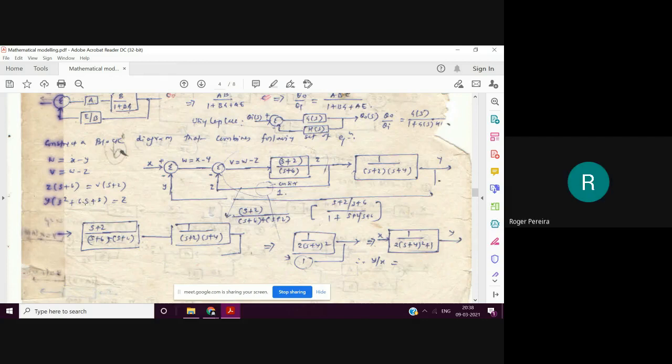This is 6 into S. So this can be written as Y into S plus 2 into S plus 4 is equal to Z. So now we will write Y is equal to Z into 1 upon S plus 2 and S plus 4.